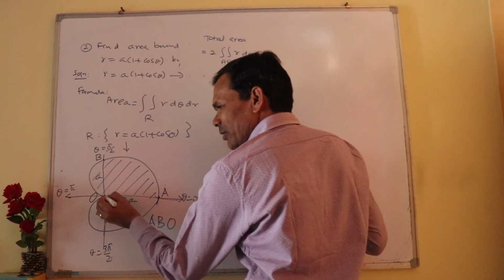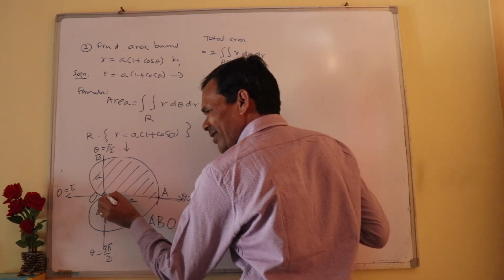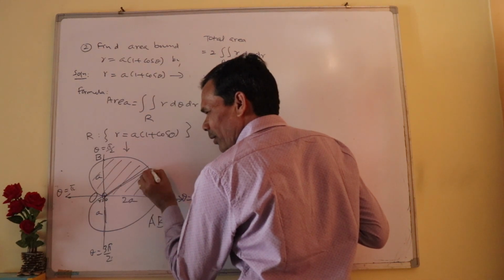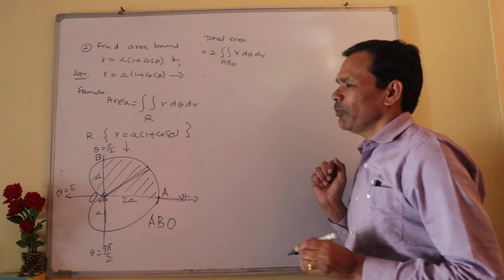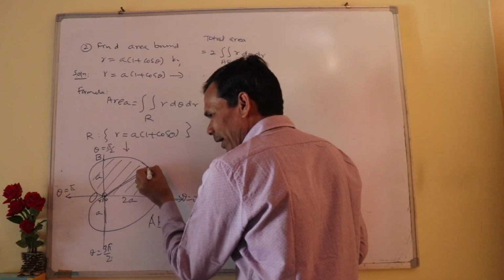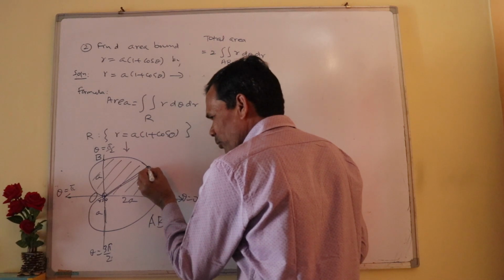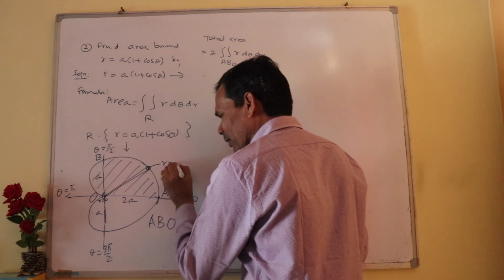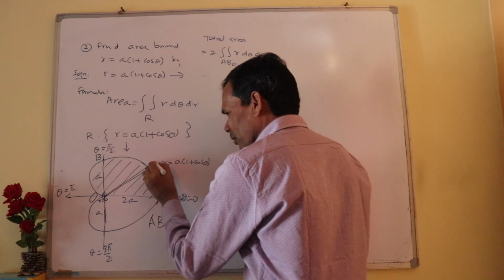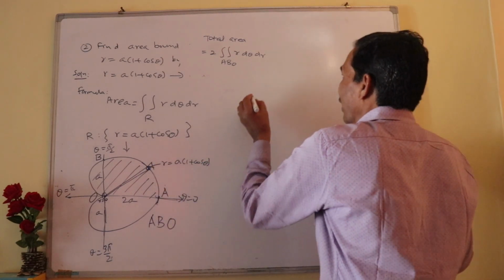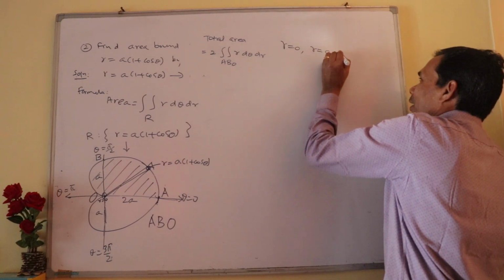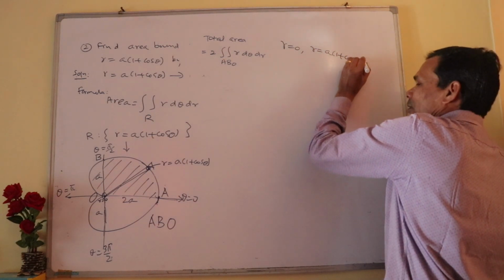See, for limits we always draw a radial strip from the pole in the region of integration. Here r is equal to 0, and at this particular point it is the boundary of the cardioid, r equals a(1 plus cos theta). So the limits for r are 0 to a(1 plus cos theta).